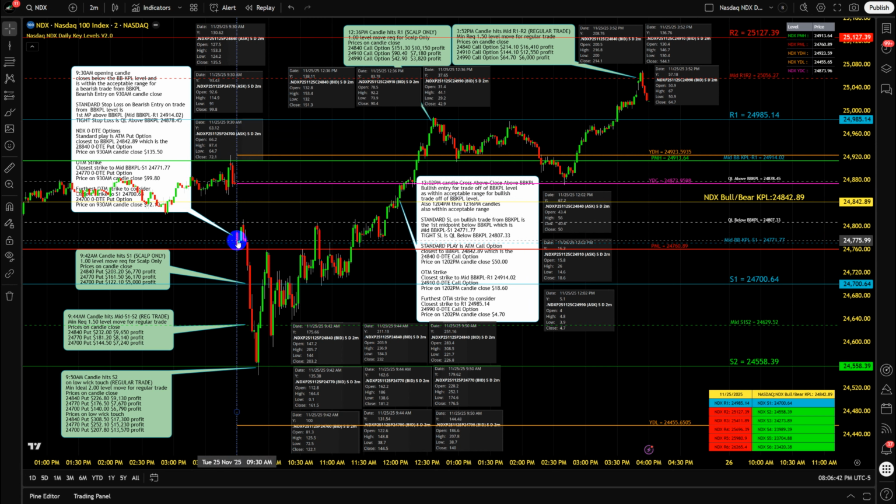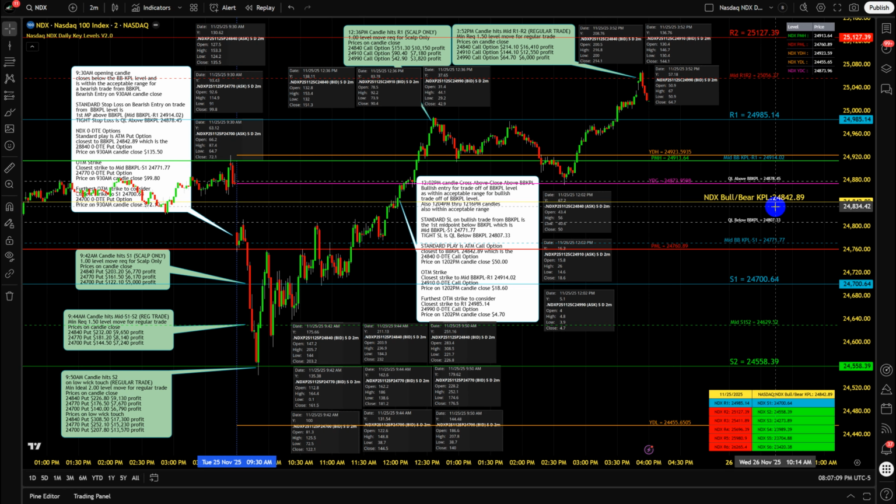So in this particular situation, on a bullish entry off of the BB-KPL, your standard play is an at-the-money option, the closest strike to the level that you're taking the trade on, which in this case is the BB-KPL level. Now, Nasdaq NDX options trade in different strikes than SPX.